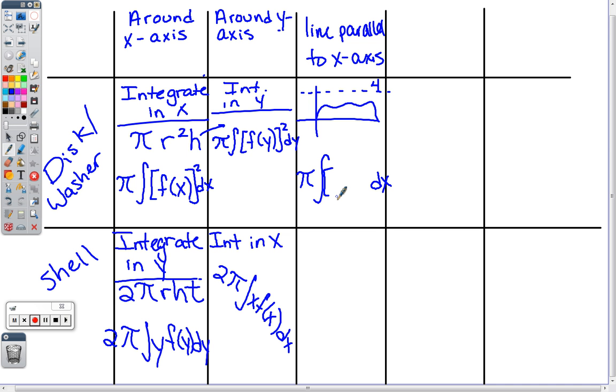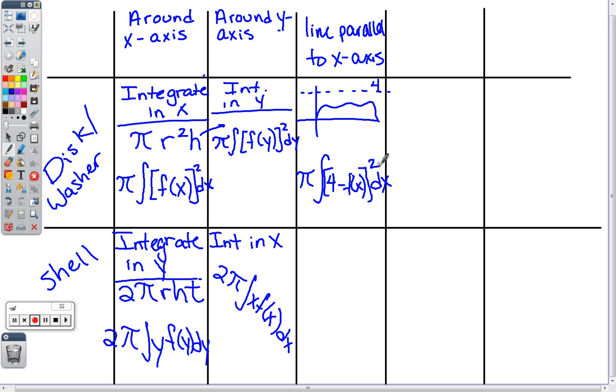Not x minus f of x. 4 minus f of x. All of it squared? Yeah.